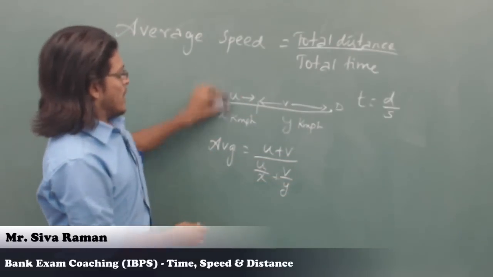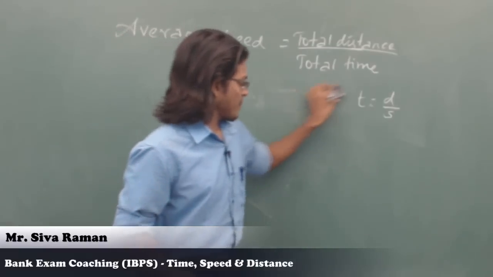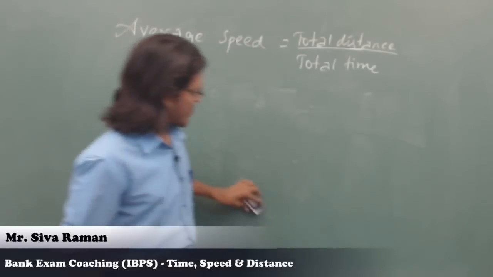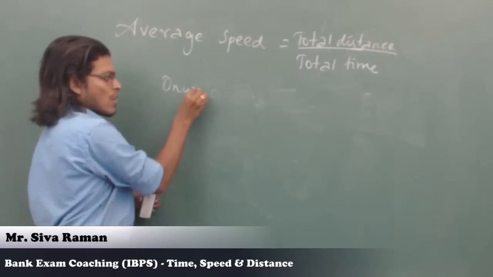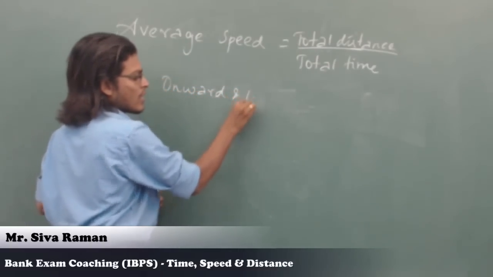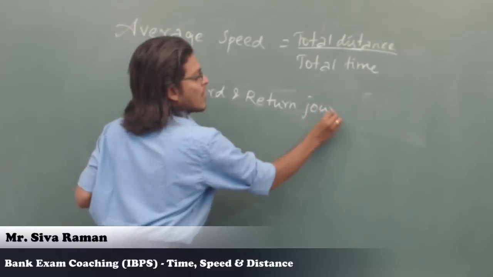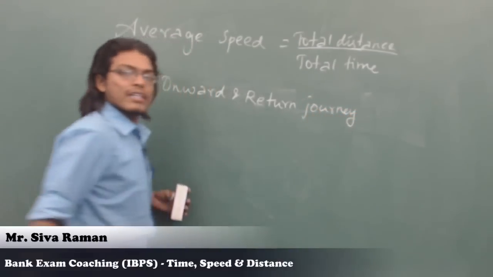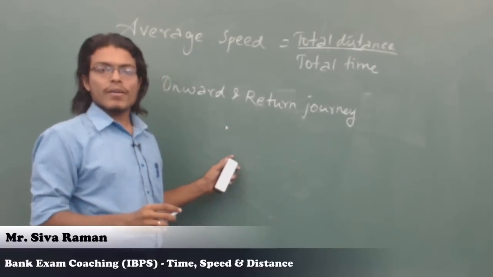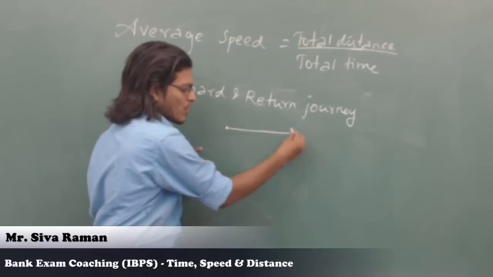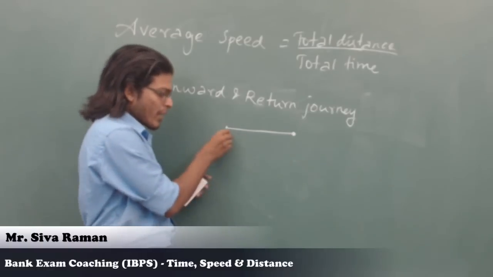Right. So, in average speed, there is a very specific case called onward and return journey. Right. You start at a particular point, you do a journey, you reach here, and you come back to the same place.